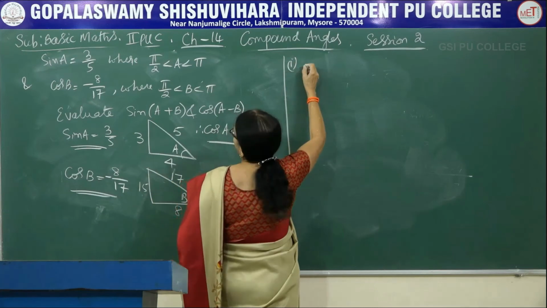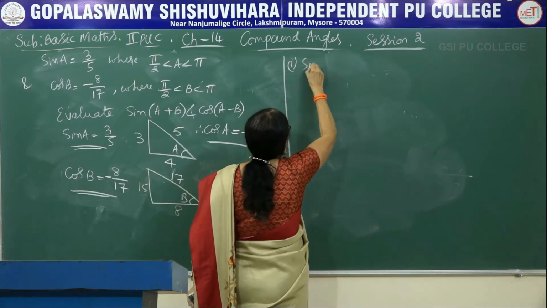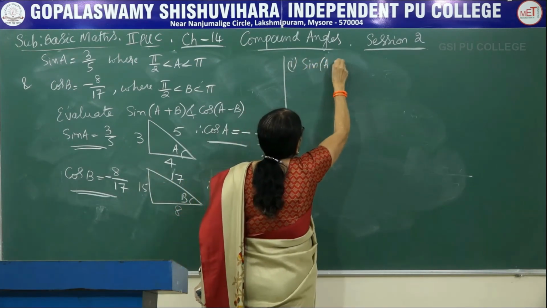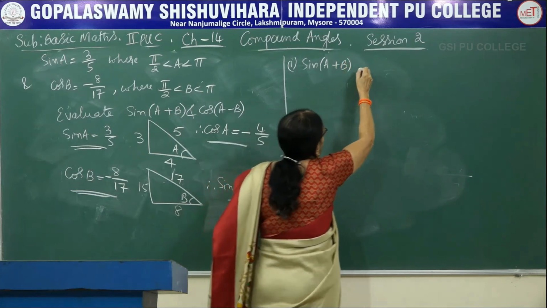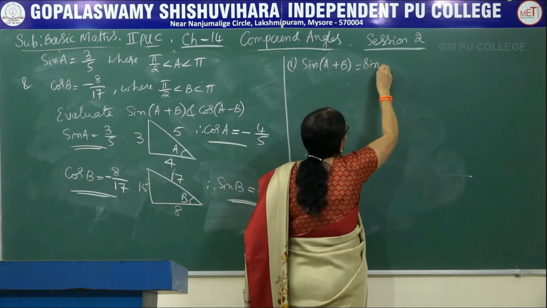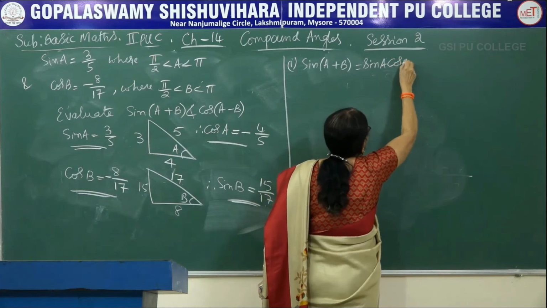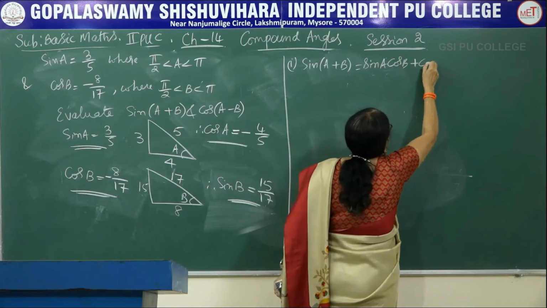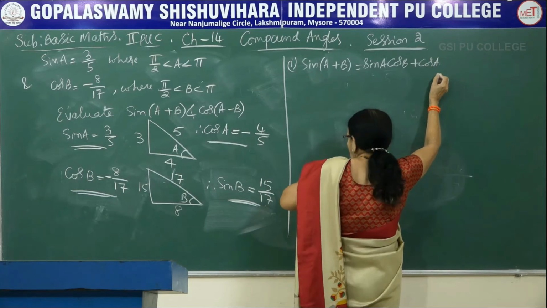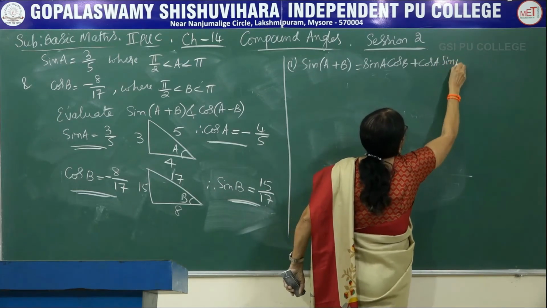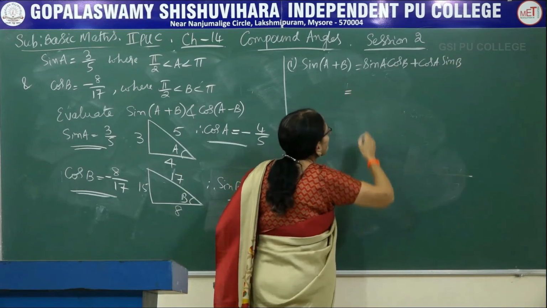First one, it is sin of A plus B. Sin of A plus B, the usual expansion, what we are doing till now. Sin A cos B plus cos A sin B. Write the value.